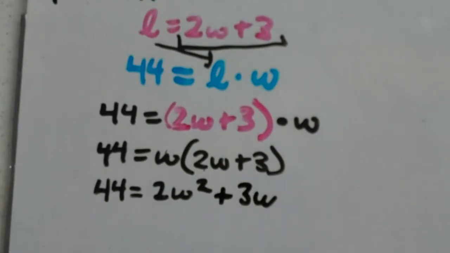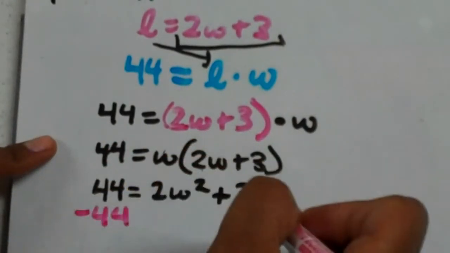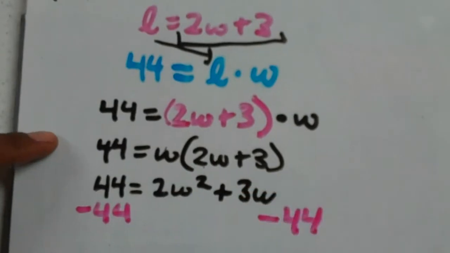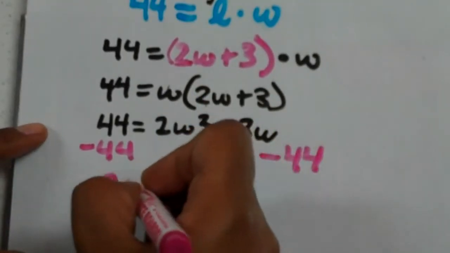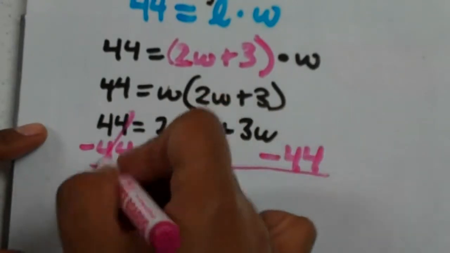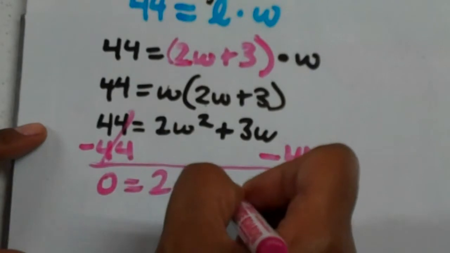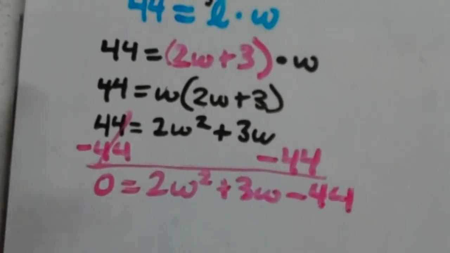So what we need to do here is set this equation equal to 0 in order to solve for W. That means that we're going to subtract 44 from each side to set this equation equal to 0. Once we do that, we will have 0 is equal to 2W squared plus 3W minus 44.